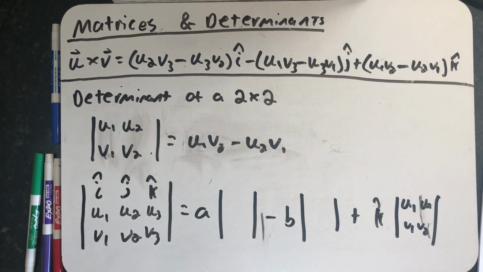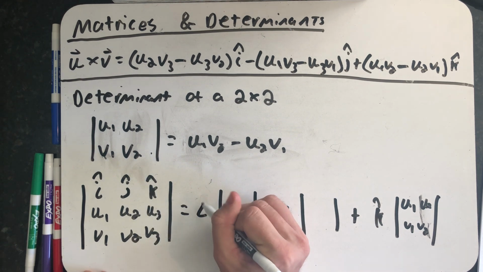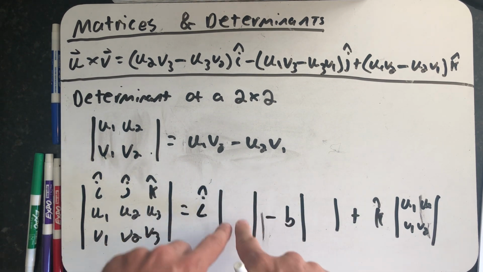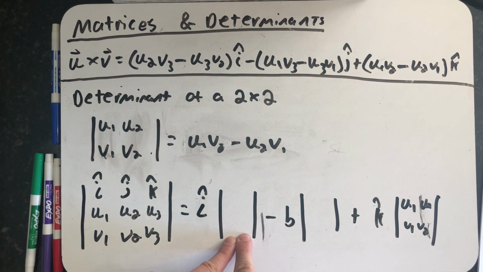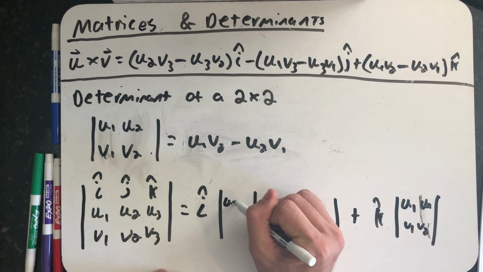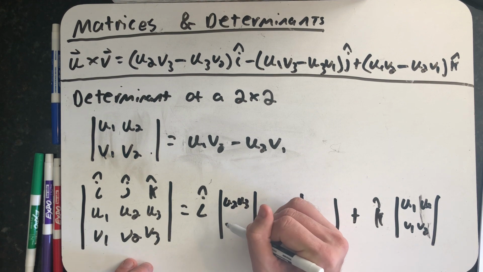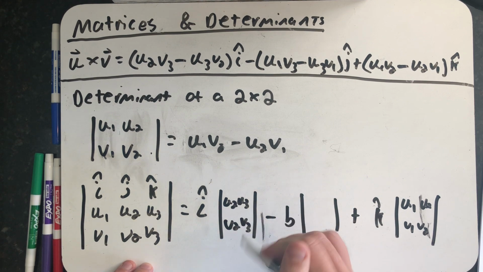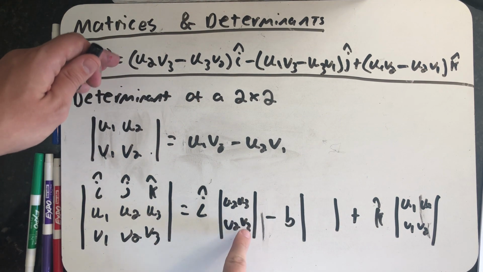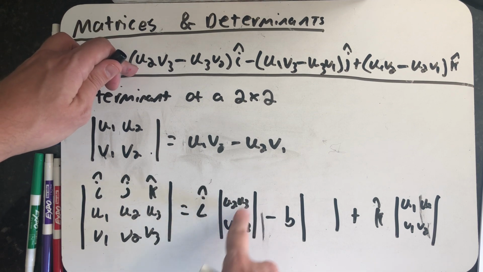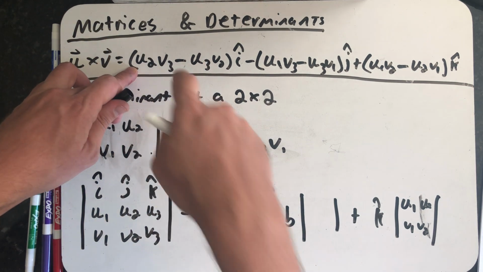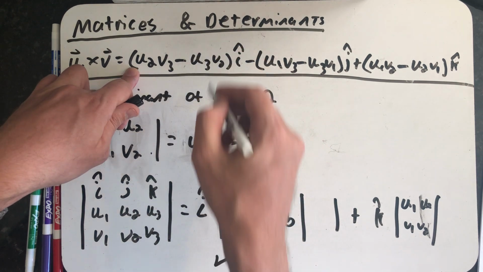right? That standard basis. Well, this would become an I. And then this little matrix should be what happens when I take out the first row and the first column. U2, U3, V2, V3. And if we check it, U2 times V3, and then U3 times V2, and the subtraction's in the right order, and this formula works for the first component.